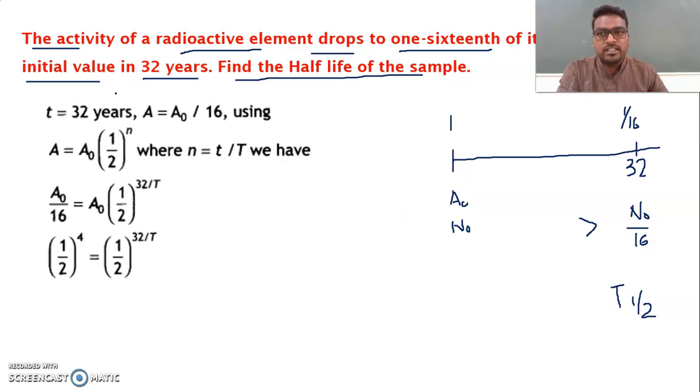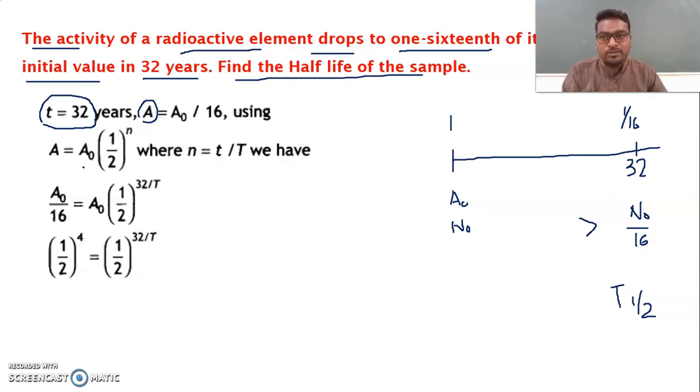Here the time taken by the radioactive element to reduce to 1/16th is given, and the activity at that time is A naught by 16. Sometimes they use N instead of A. So here A is equal to A naught by 16.